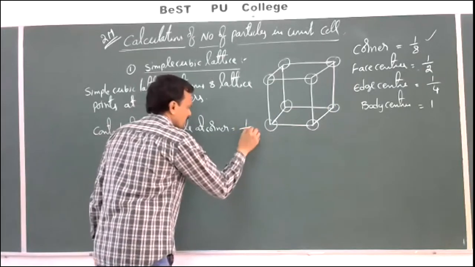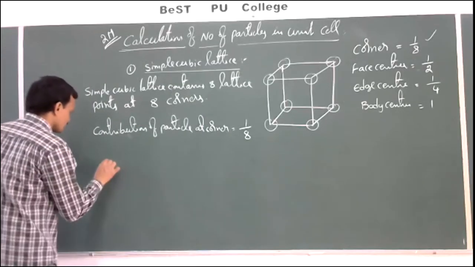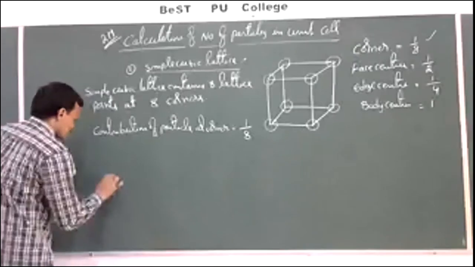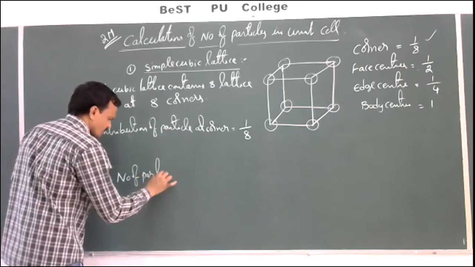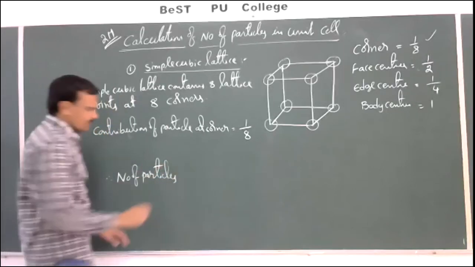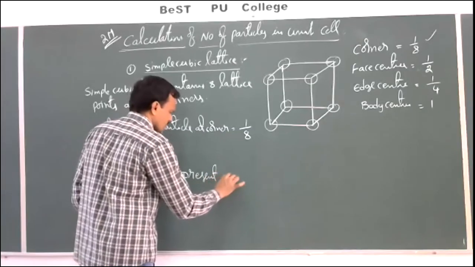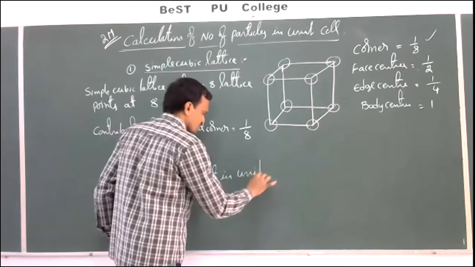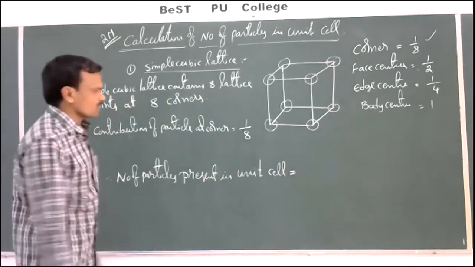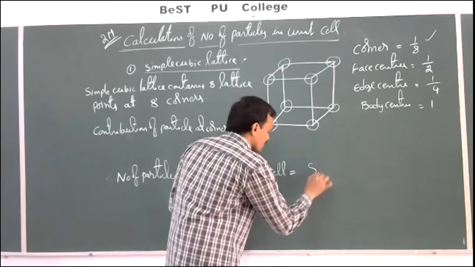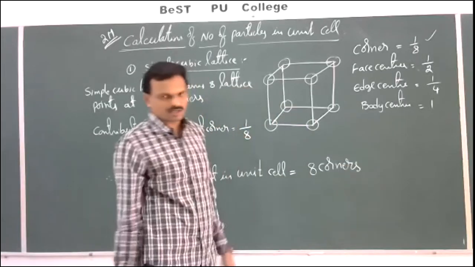Therefore, the number of particles present in the unit cell is equal to, where the particles are present at 8 corners, so 8 lattice points are there.